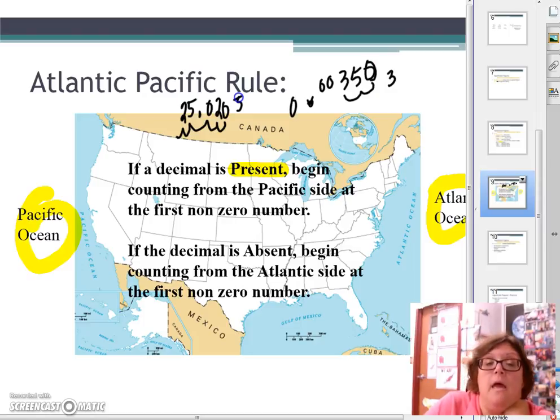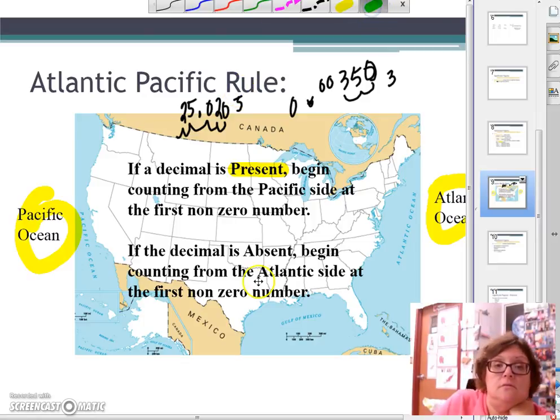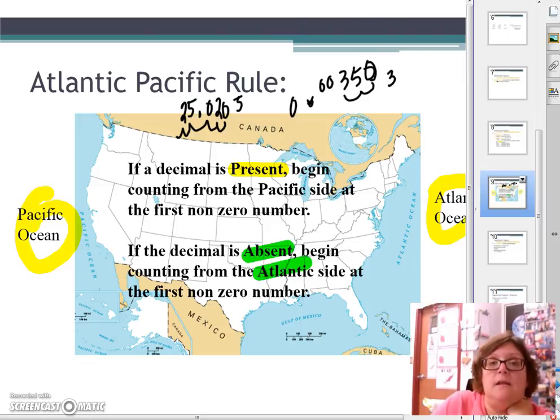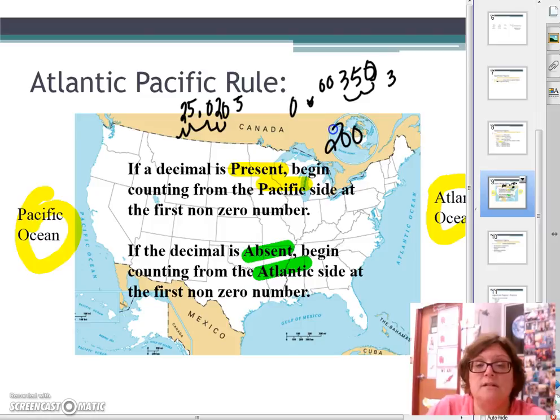Okay? If the decimal is absent, then we begin counting from the Atlantic side. Okay? So here's a number with no decimal in it. If I begin to count from the Atlantic side, I can't count that. That's not non-zero. I can't count that. So this guy has 1 significant digit.